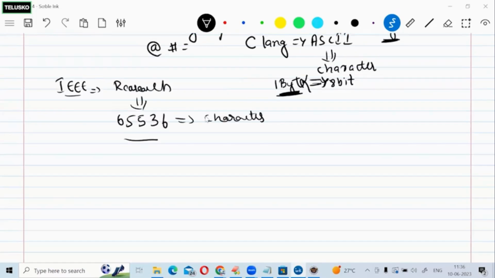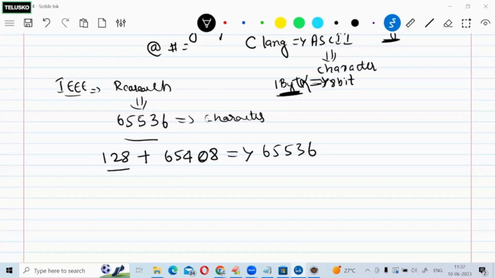So it is 128 plus 65,408, total together 65,536. This includes all the alphabets, special characters and numbers plus other characters they have calculated. They came to a conclusion that we have these many characters.